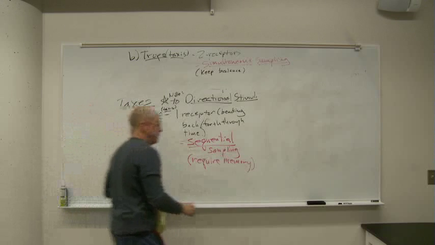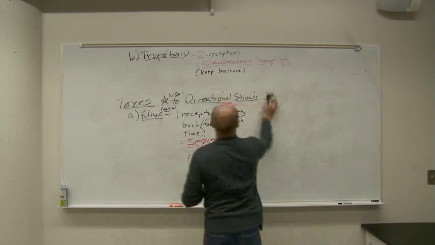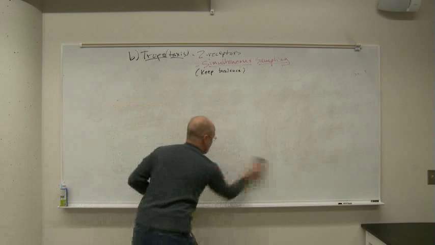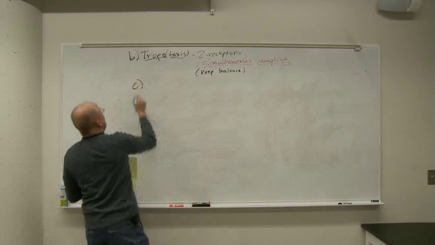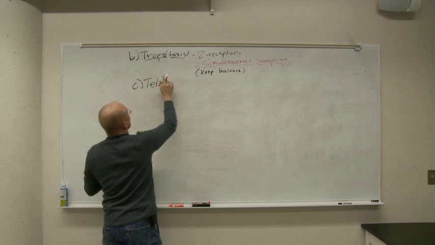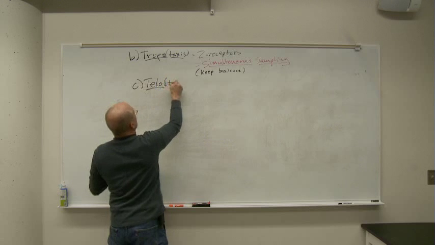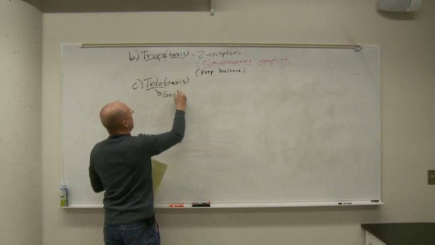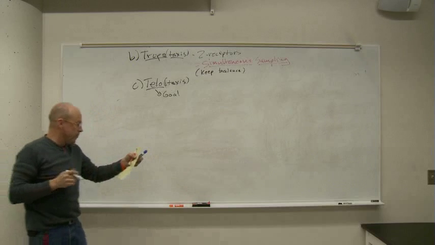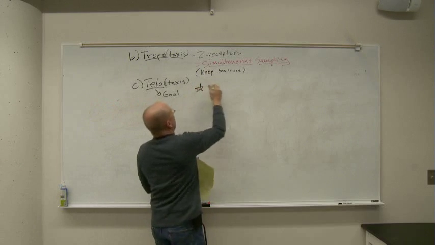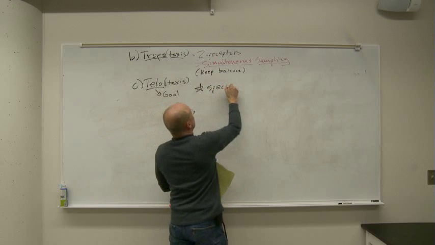The next one is special. So C, in terms of taxis, is what we call telotaxis. The word telo is goal. So this is all about a goal. Goal-directed. This is special. I'll put a star here. This is a special case.